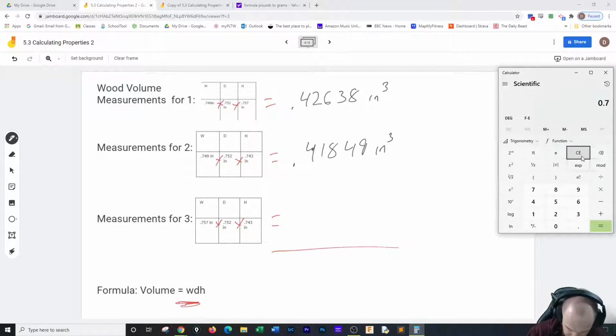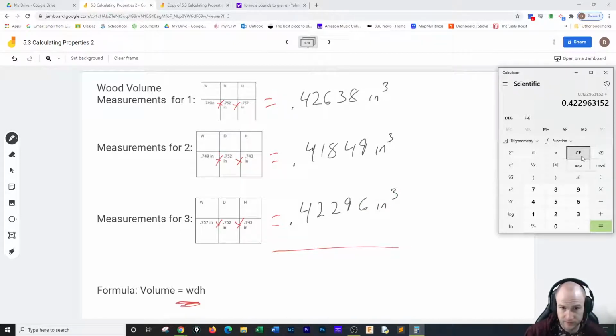And then finally 0.757 times 0.752 times 0.743, and I get 0.4229 inches cubed. So I'm going to add these together. I'm going to do plus 0.41849 plus 0.42638.